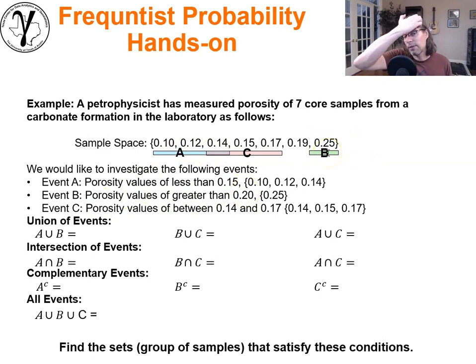That might actually be, if the permeability is also high, a thief zone, an area where we just have really high production, and something we should be aware of. And C would be this intermediate, and it's got a little overlap with A, and it goes up to right here, 17%.